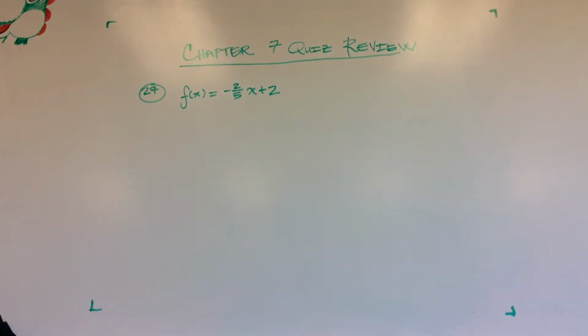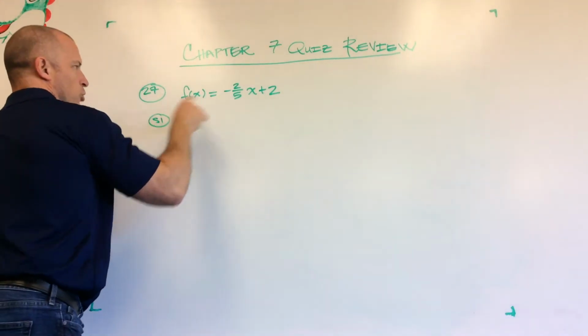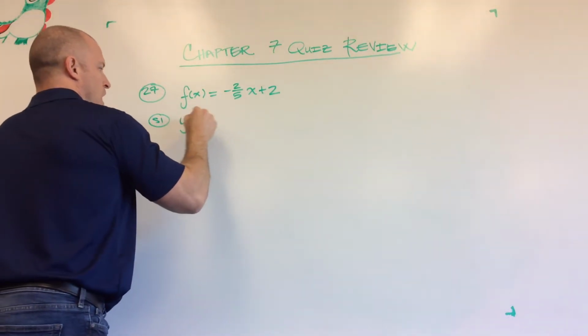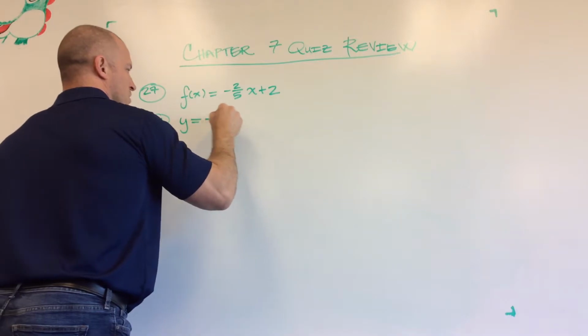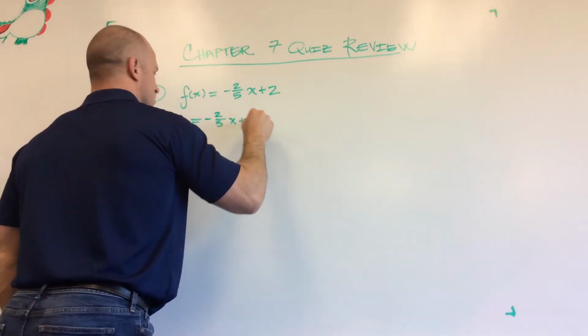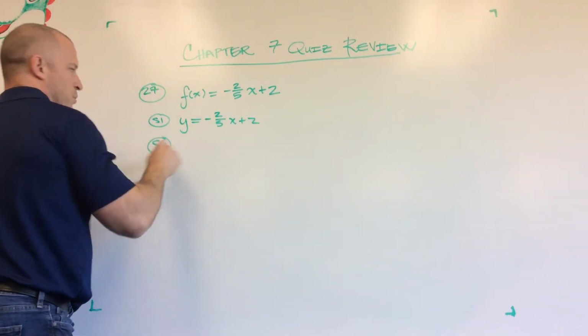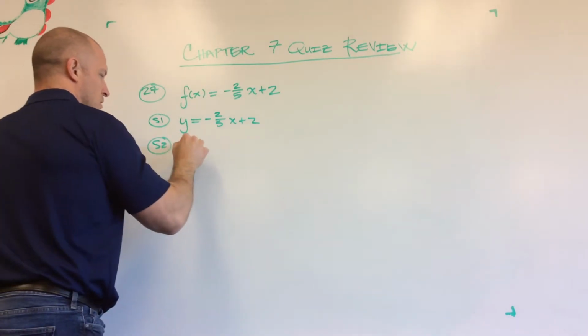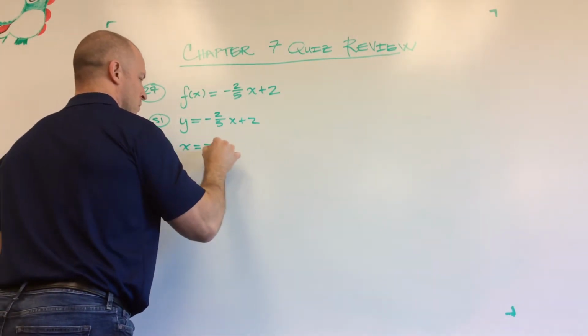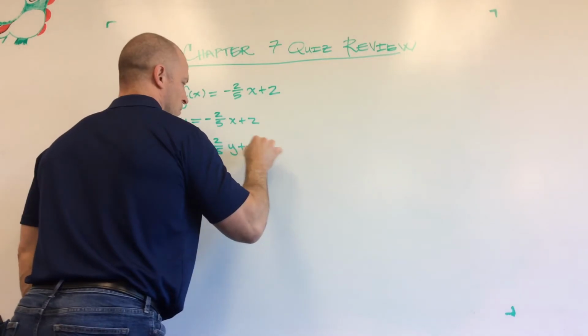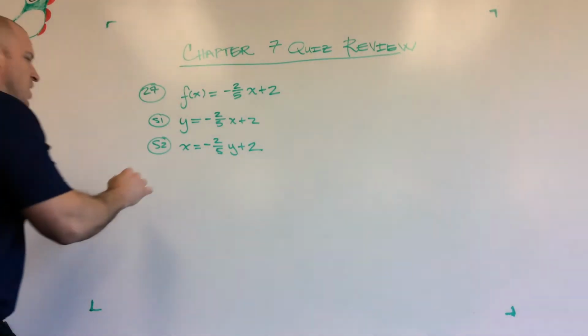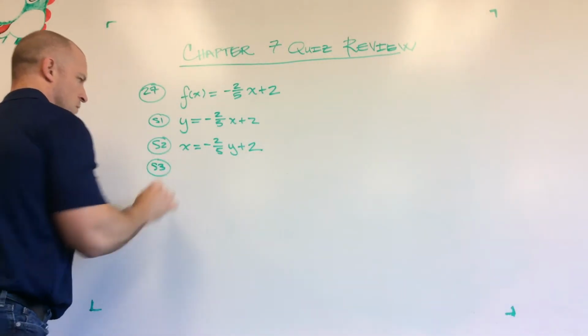So again, we'll go through the exact same four-step process plus a check. Step 1, we'll rename this function, reintroducing y. So y equals negative 2/5 x plus 2. Step 2, we'll exchange x and y. Now in step 3, we'll solve for y.